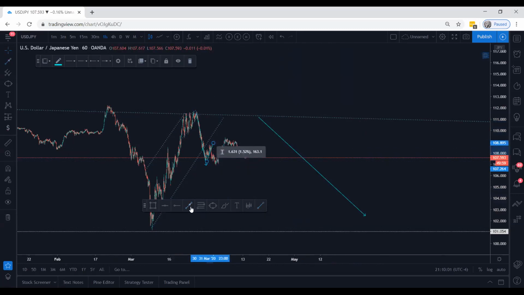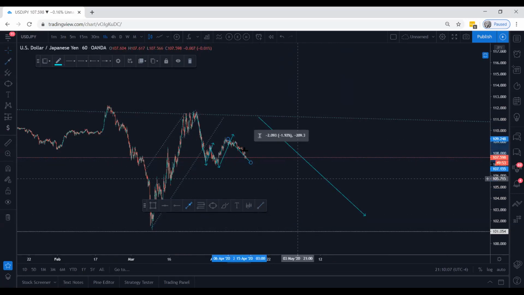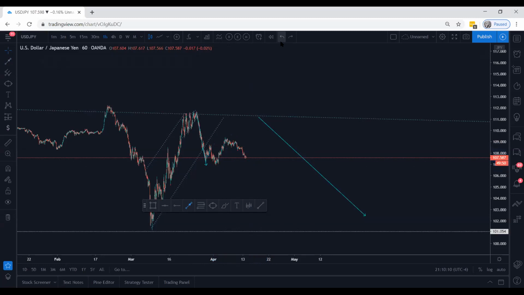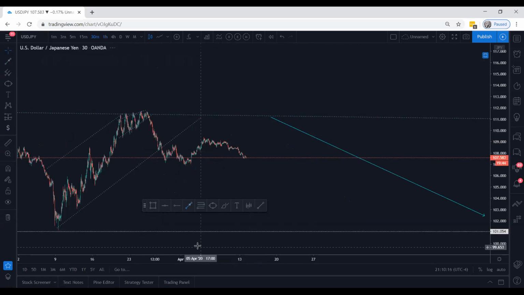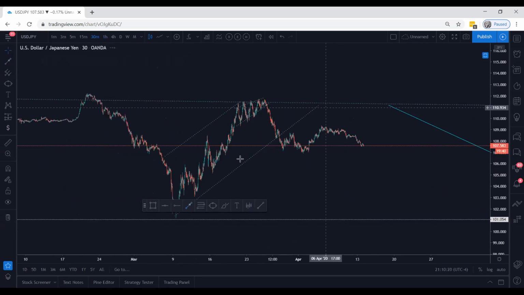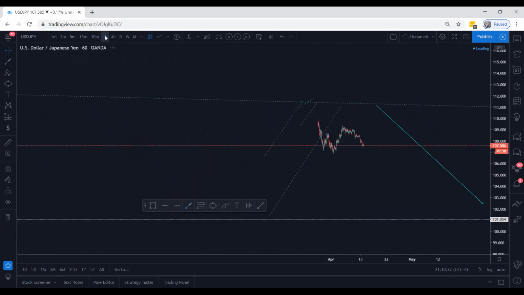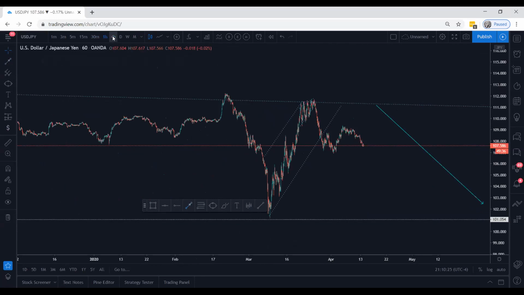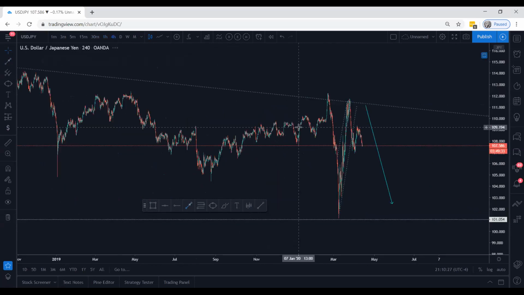We got a flag, continuation, flag, continuation. I want to look a little bit.